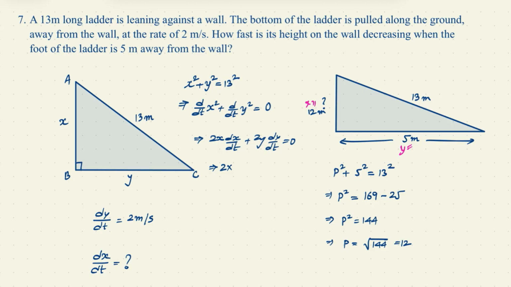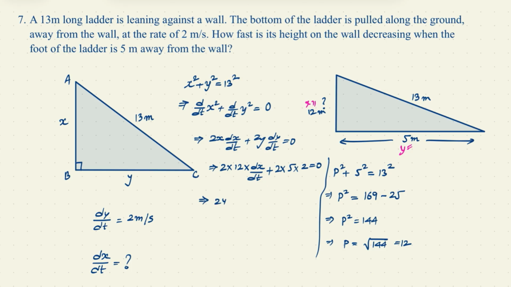So here we will be writing 2 into 12 into dx over dt plus 2 into the value of y, which we can put as 5, into dy by dt, which is also given as 2 meters per second. So we will put here 2, equals 0. So let us simplify.